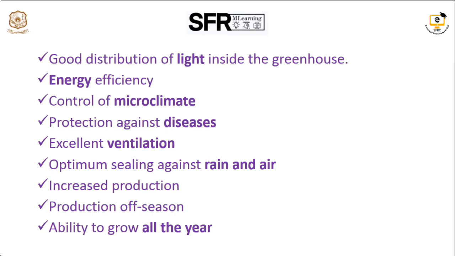Next one is protection against disease. Lots of pests and worms affect the plants in the normal environment, but in the greenhouse plants are not affected by pests and worms because the greenhouse is a closed condition. It maintains the temperature, humidity, etc.